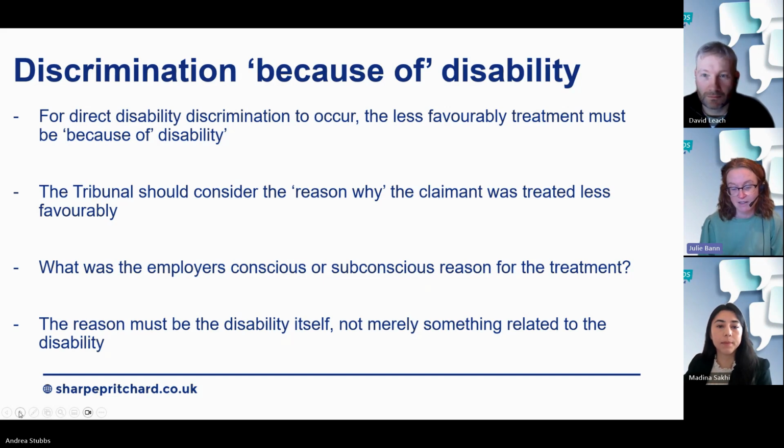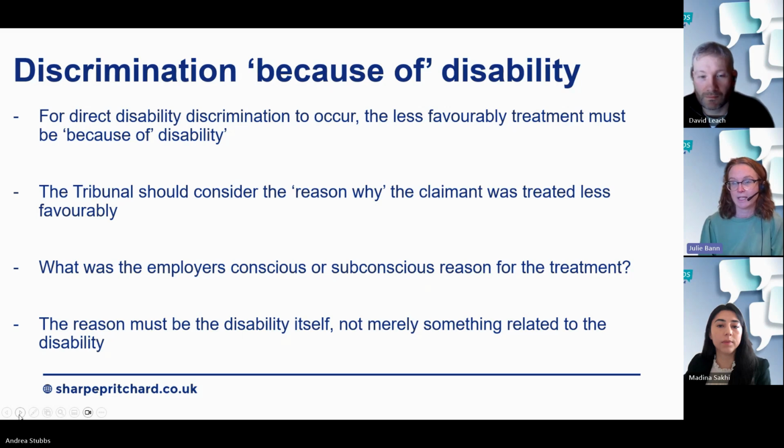And I think it's that element that makes it so difficult for an employee to succeed, because it's very rare, for example, for an employer to treat someone less favourably because someone has a particular condition, a bad back or fibromyalgia or a condition that they have.